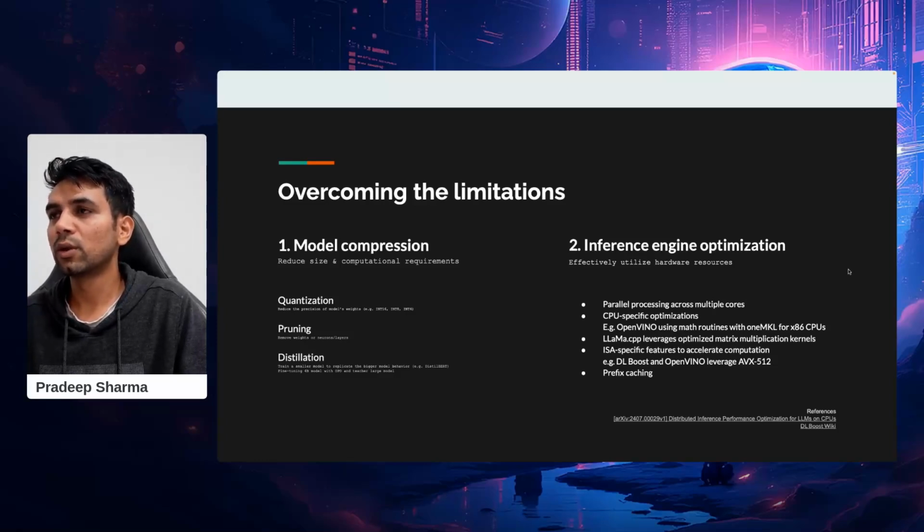If we can cache until that stage, then it will be much faster for us to continue the conversation, and we will see that tokens per second performance will improve by a huge margin. So this is something which you should dive into more.